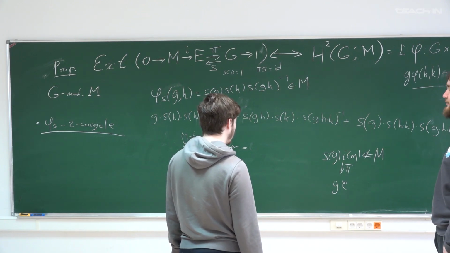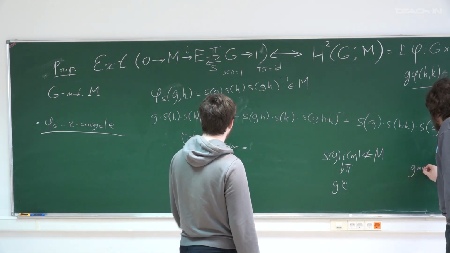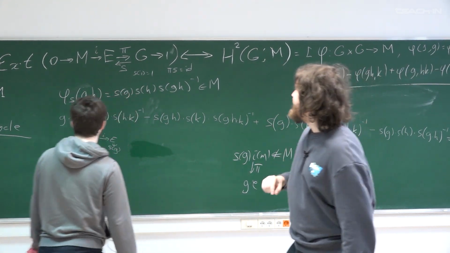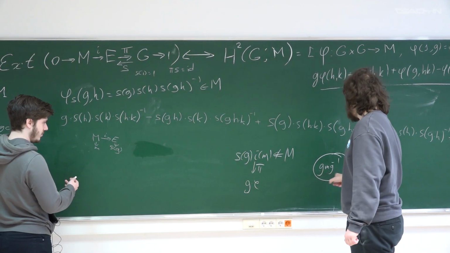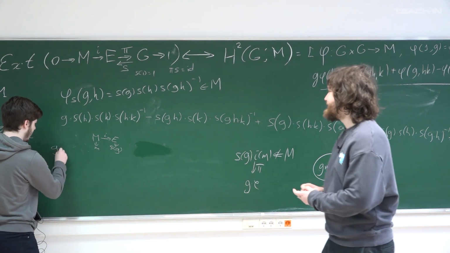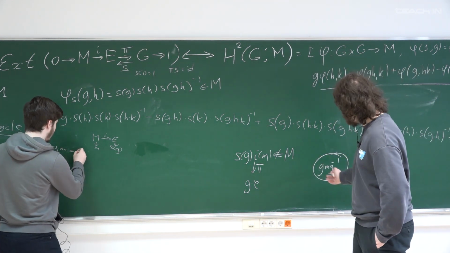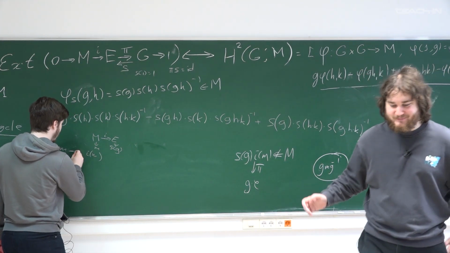It acts by conjugation. If you have an extension, the quotient always acts by conjugation on the kernel. This does not depend on the choice of preimage. So the action of g on m is like this: if you apply π, this goes to the unit, so it lies in M itself.